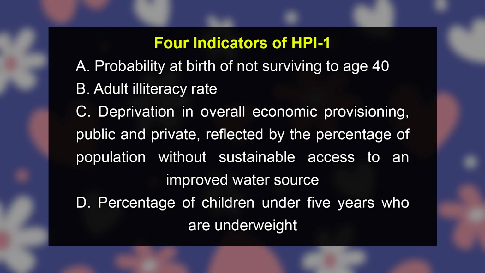HPI 1 is based on the probability at birth of not surviving to age 40, the adult literacy rate, deprivation in overall economic provisioning, public and private, reflected by the percentage of the population without sustainable access to an improved water source, and the percentage of children under 5 years who are underweight.